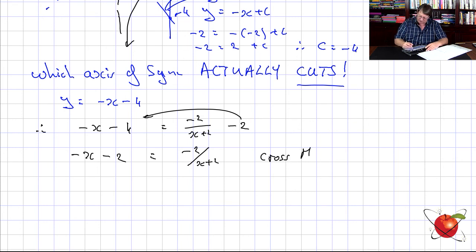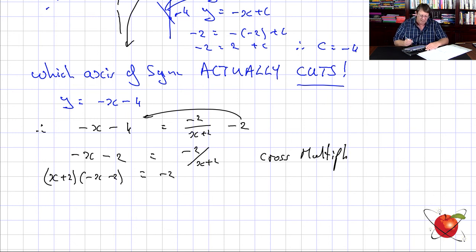Again, cross multiply, get rid of the denominator. So it's then going to be x plus 2 multiplied by minus x minus 2 is equal to minus 2. Multiply that whole lot out, all right? And you end up with x squared plus 4x plus 2 is equal to 0.